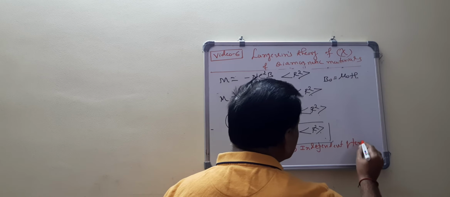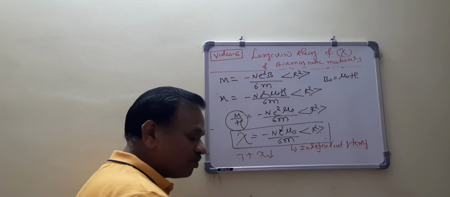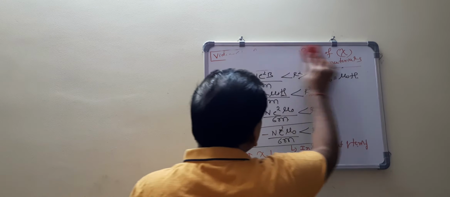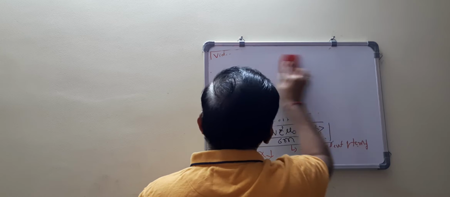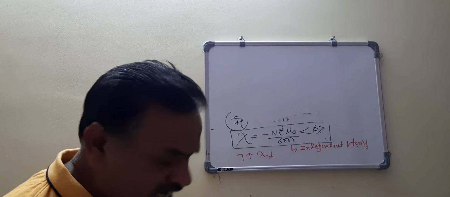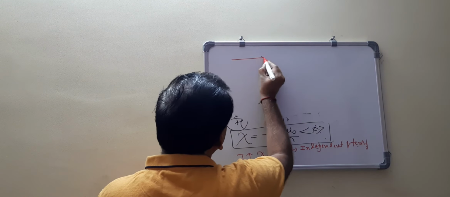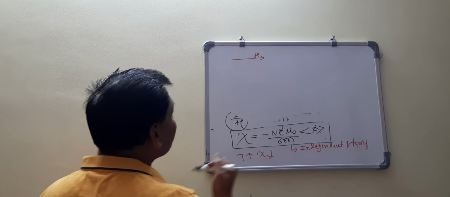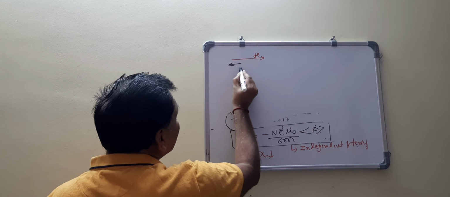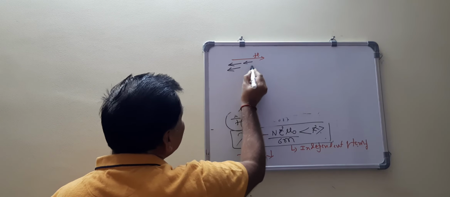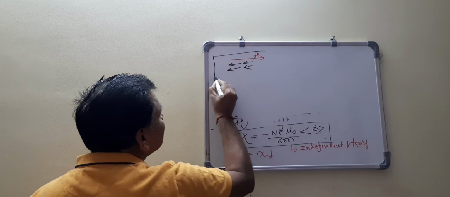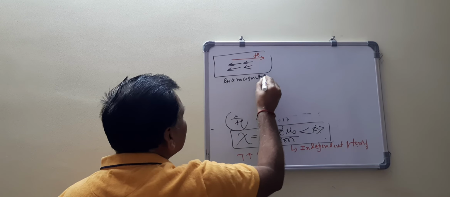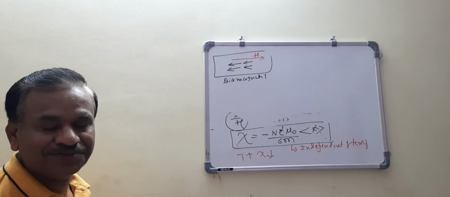And one more thing: what is the significance of this negative sign? If the applied magnetic field H is in this direction, the atomic magnetic moments are aligned in the opposite direction. This is the situation in the case of diamagnetic material. This is what the negative sign represents.